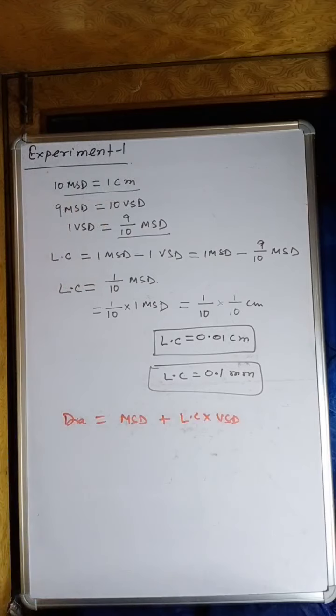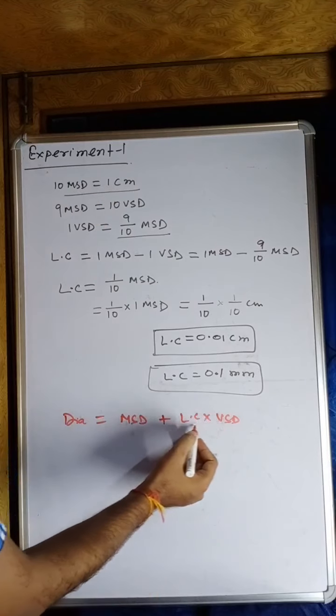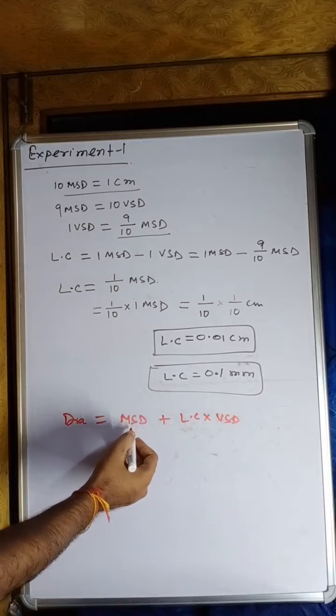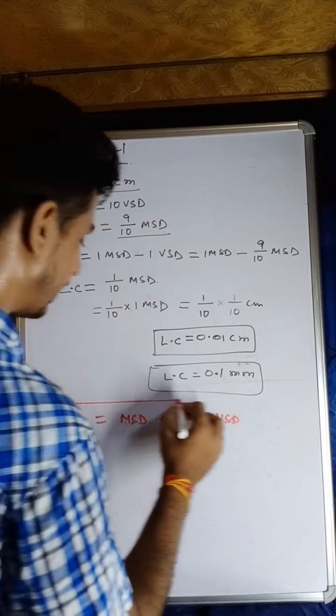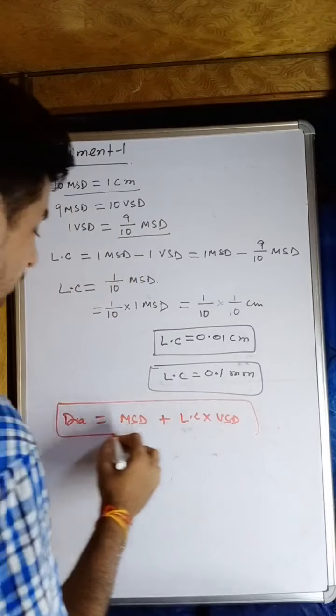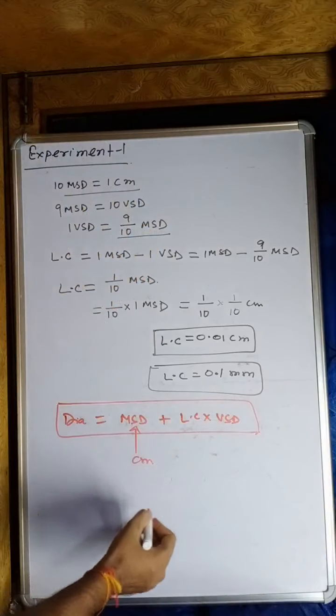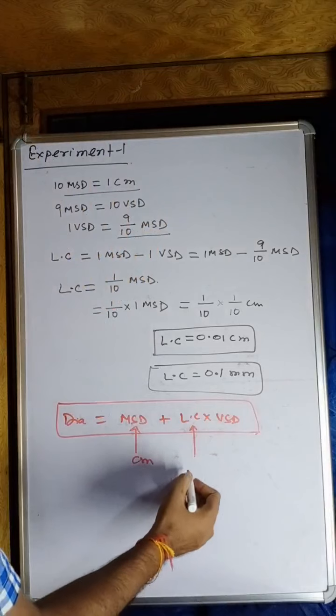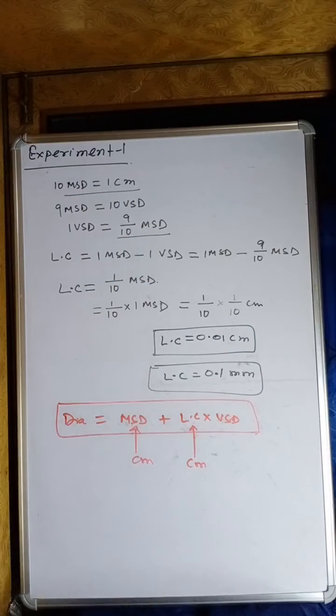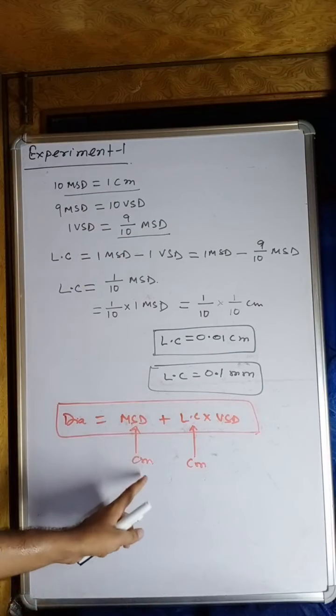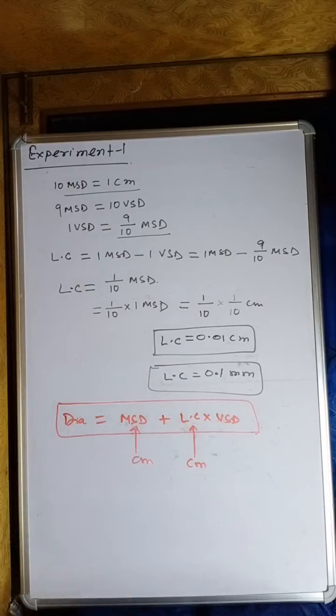If you multiply the least count by the vernier scale divisions, you convert it into units of the main scale division, so you will get the diameter. Remember, if you are writing the main scale division in centimeter, then you should use the least count in centimeter. Or if you are writing in millimeter, then you have to use the least count in millimeter.